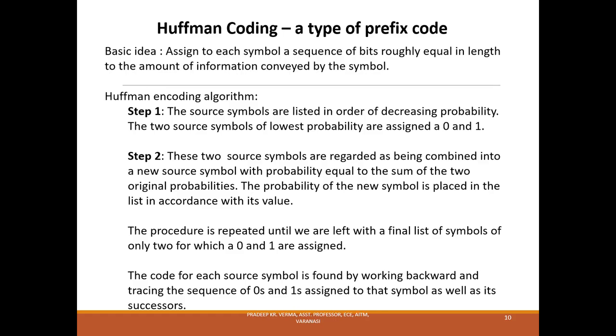Then in step 2, we combine the two least probable symbols, their probabilities are added together to form a new symbol, and then all these probabilities are arranged again in decreasing order, and this step is followed until we are left with only two probabilities at last.